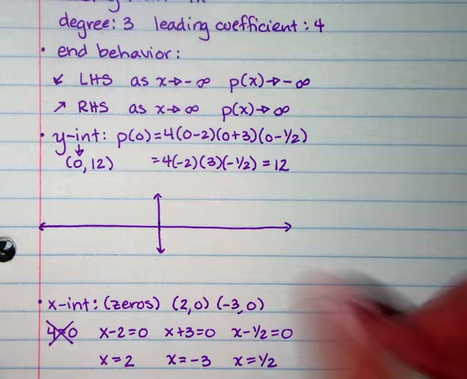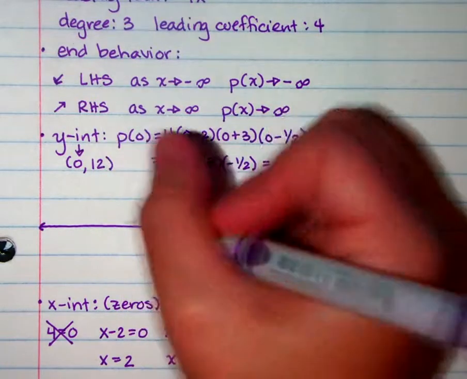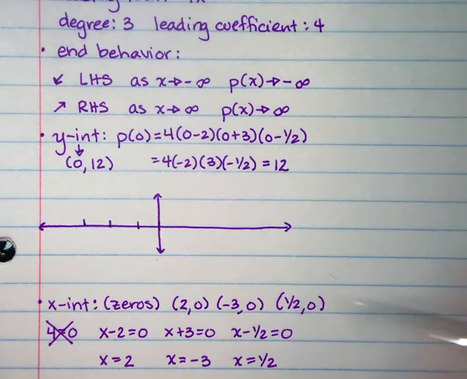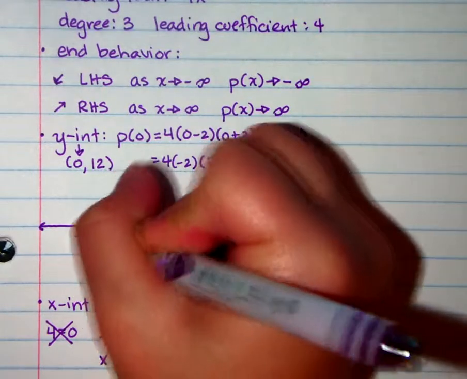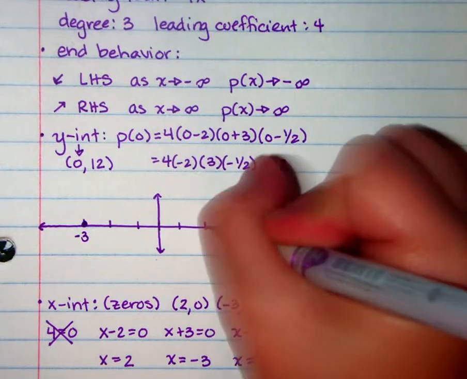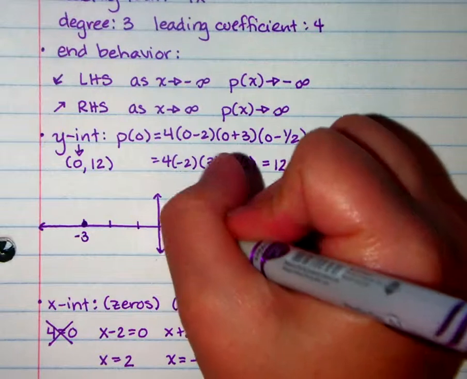And what I want to do is I want to put those on my graph to get a general idea about what's happening. And so if I put those in order, and I start just kind of thinking about my graph here, this is going to be negative 3. And then I've got my 2. And then I also have this 1/2, which is right about here.